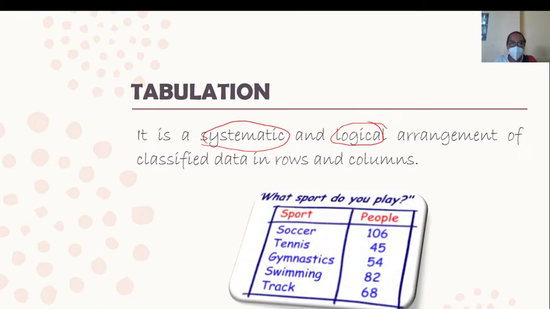For example, here, what sport do you play? For the first column, we have different types of sport. And the second column, we have people.